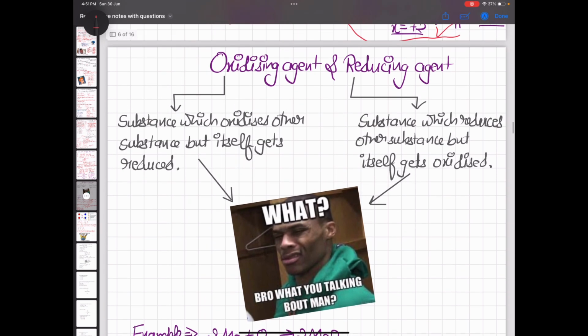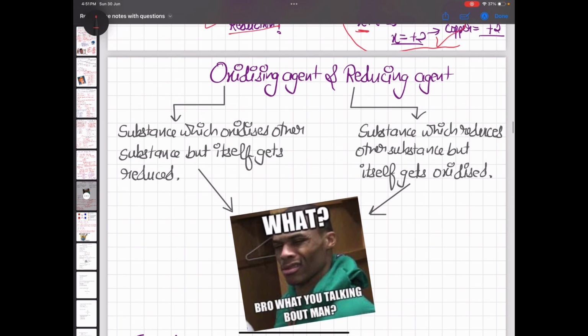Alright, now the last point remaining in our theory is oxidizing agent and reducing agent. Now I'll tell you the short trick here first.